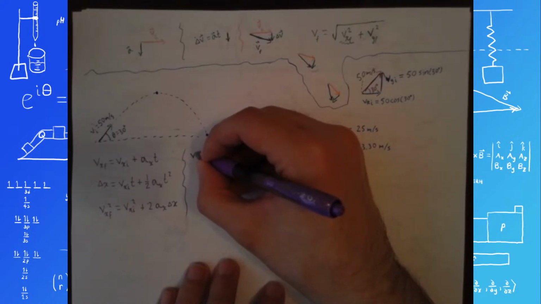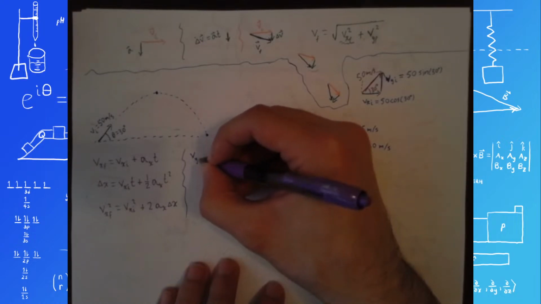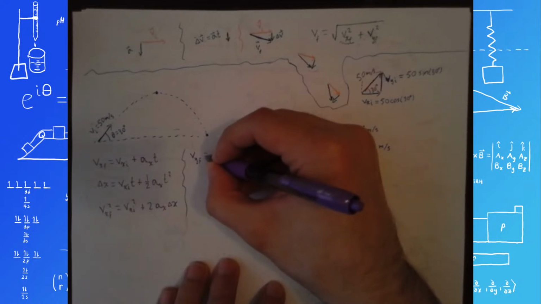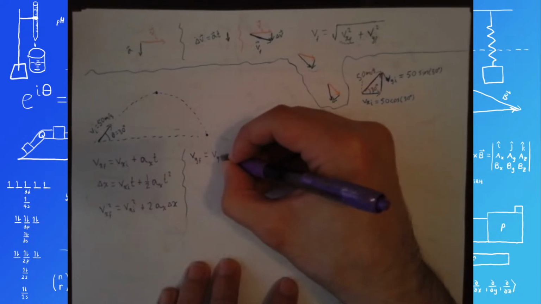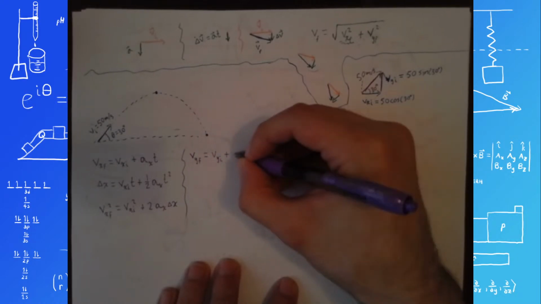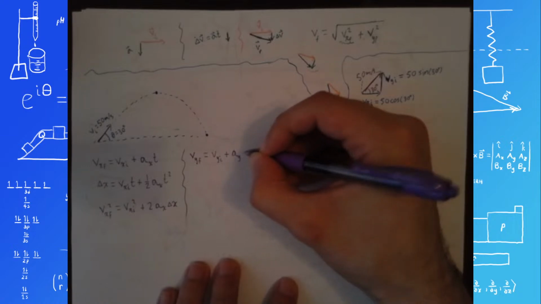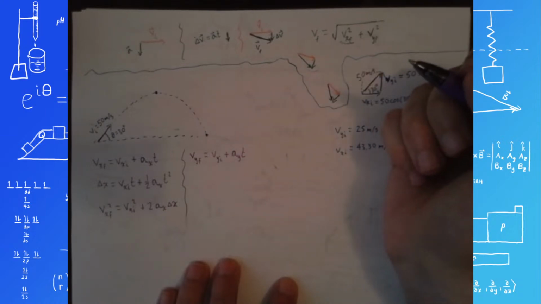Anyway, for the y direction, we're going to do basically the same thing. Vy final equals Vy initial plus acceleration in y times t.